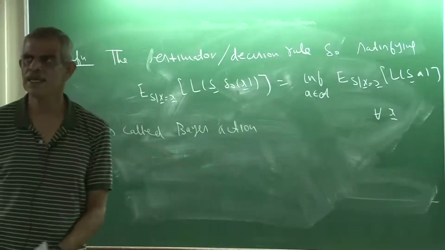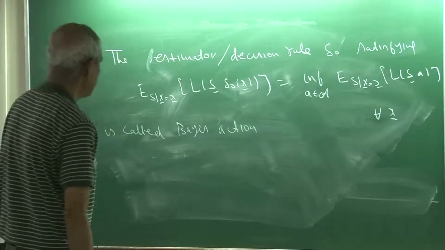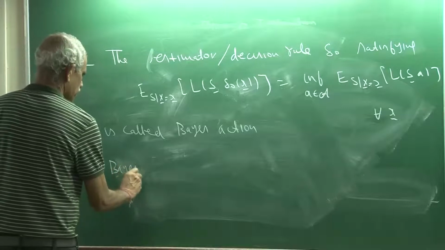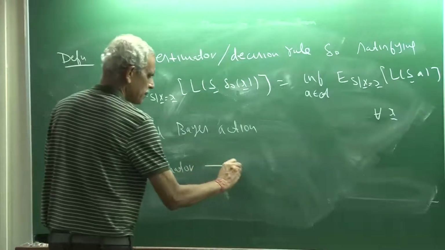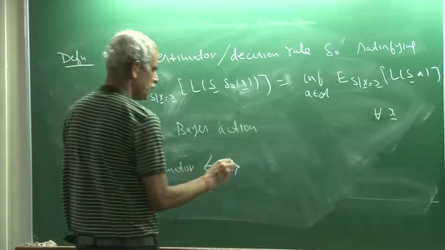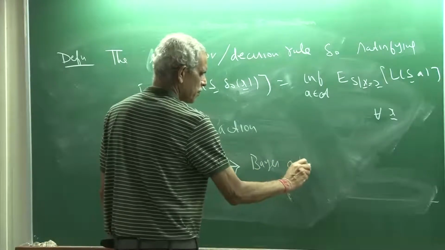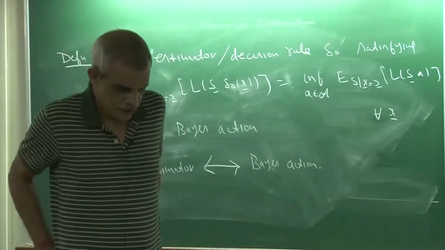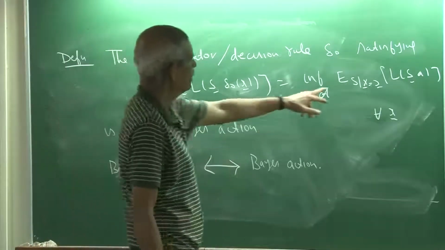So in the last theorem, what you have essentially proved is a Bayes estimator is same as Bayes action. So what it says is you just try to find out the Bayes action. And what is the Bayes action?